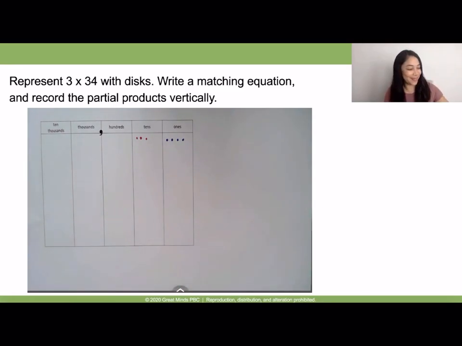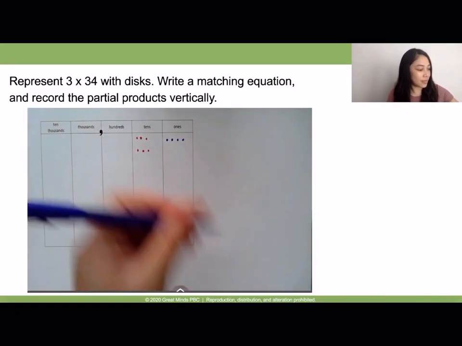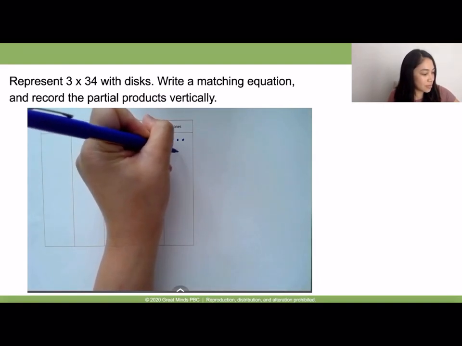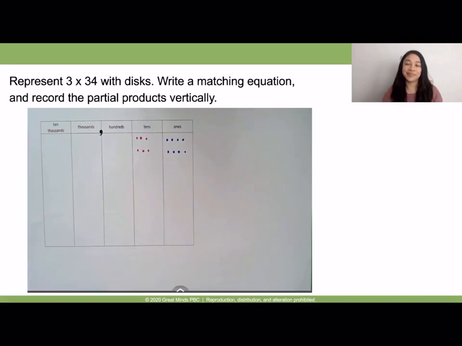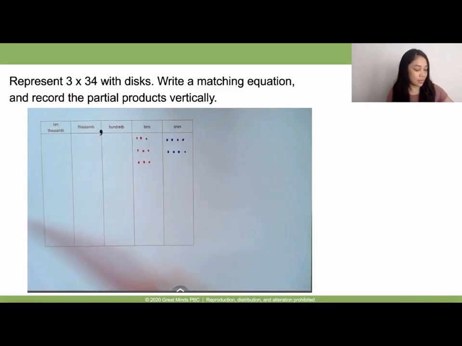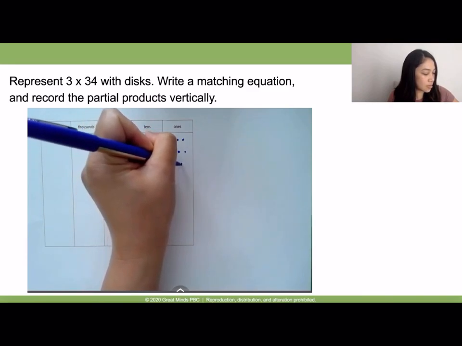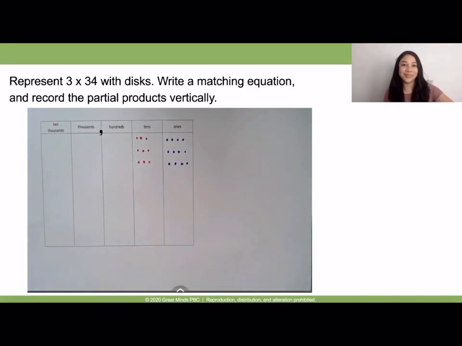Here's another. That's 2 groups. We need one more group of 34. Draw it in with me now. How many groups of 34 do we now have on our chart? We have 3 groups of 34.